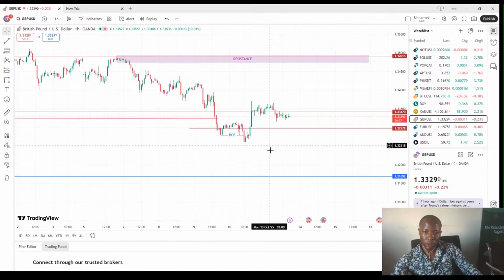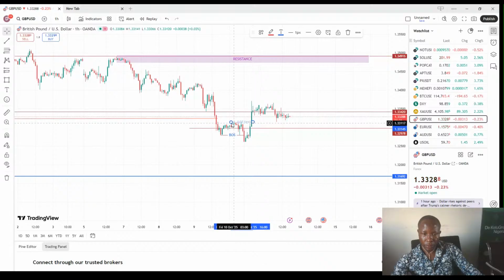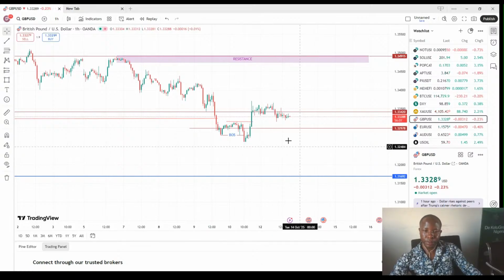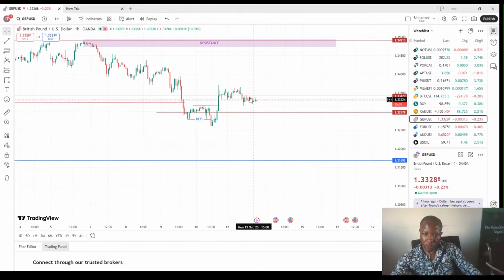And we can now say that there is a change of character here. But with that change of character, we are pushing into this resistance so that we can swing down, because the market overall trend is to the downside, right?